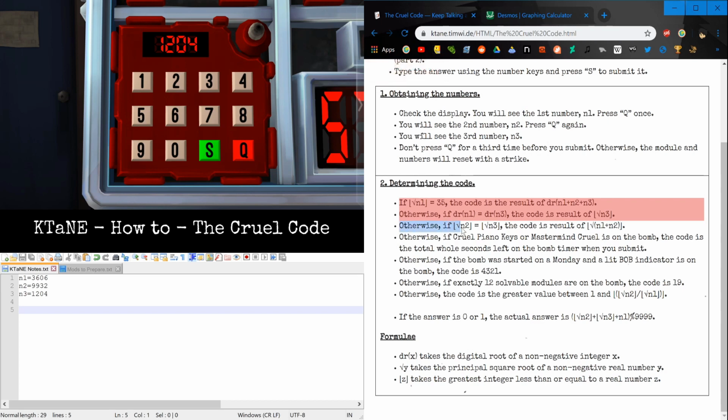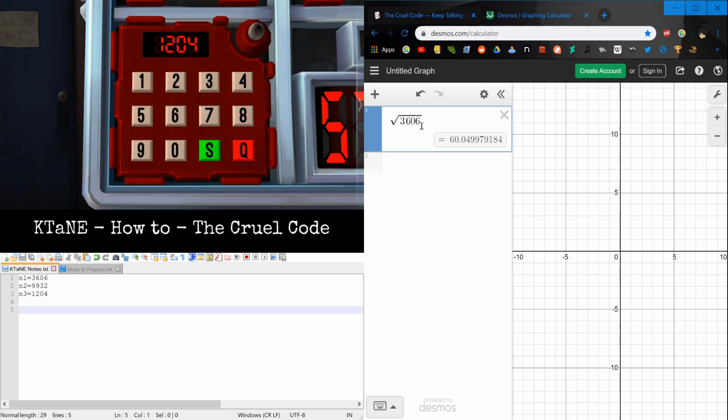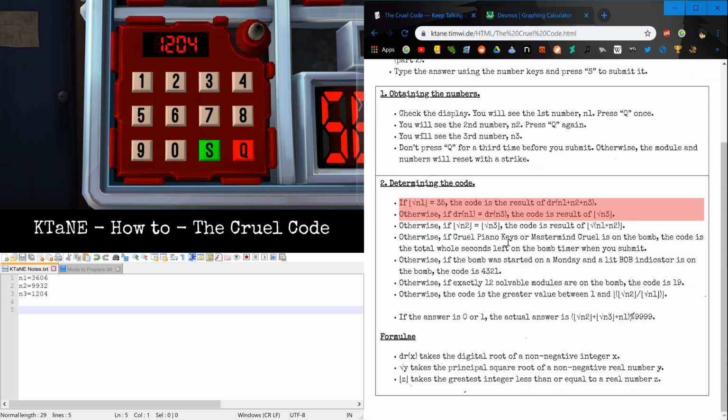Otherwise, if the floor of the square root of N2 is the floor of the square root of N3, let's look: the square root of 9932 is 99, and the square root of 1204 is 34. So they're not equal, so next rule. Otherwise, if cruel piano keys or mastermind cruel is on the bomb.